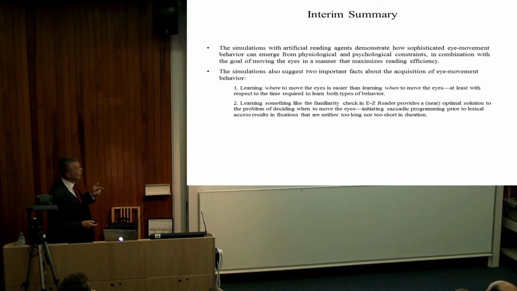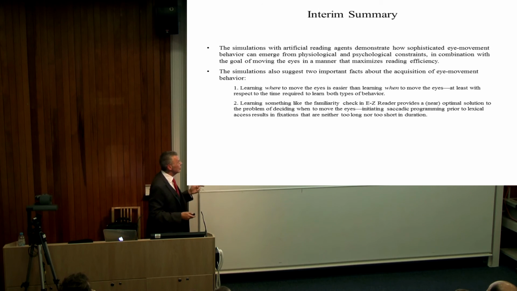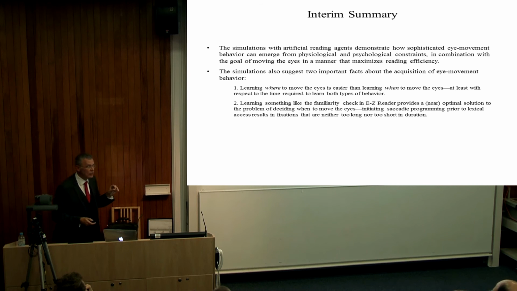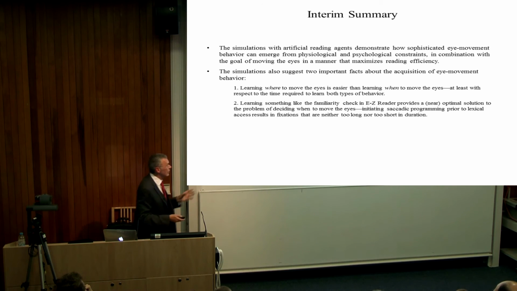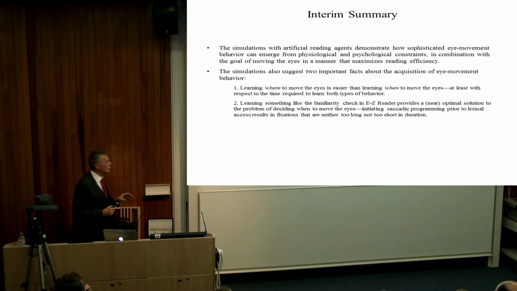The first one is that learning where to move the eyes actually seems to be easier than learning when to move the eyes, at least with respect to how much time it takes the agents to learn both of these types of behavior. And then the second thing is that learning something like a familiarity check in the E-Z Reader model, that is initiating the saccadic program prior to full identification of the word, actually allows the agents to move their eyes in a near optimal way, right?